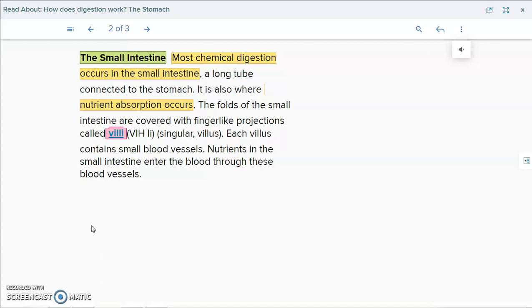So now we have learned how the small intestine absorbs the nutrients. Most of the water that you drink and the water from liquids like juice or soup is going to be absorbed in the small intestine also.